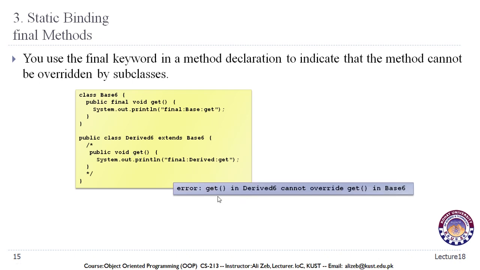The error states that get in Derived cannot override get in Base6. That is the base class or the superclass that is defining that method, but it has prohibited the subclasses from overriding this method. So when we try to do this, it will not be allowed.